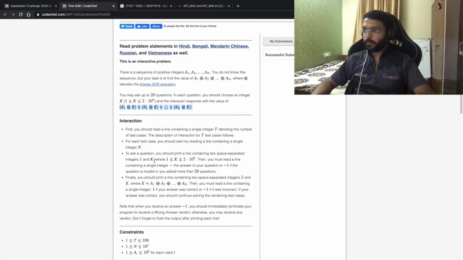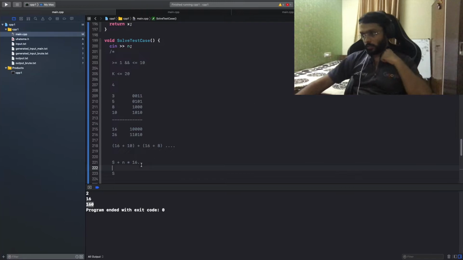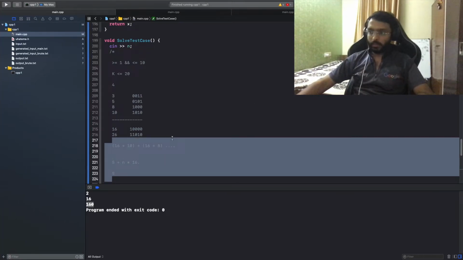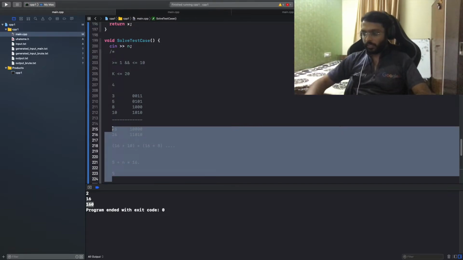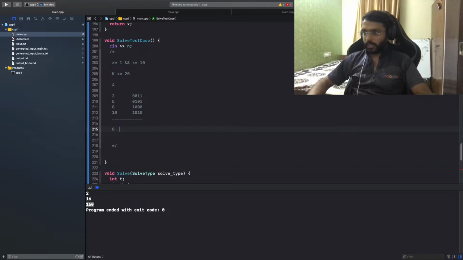So using this, I can actually get the sum of the elements. Okay, now what? I have to find the XOR instead, right? So let's try. I am able to figure out S with just a single question. Let's try to decrease this. So let me try asking XOR with 8.